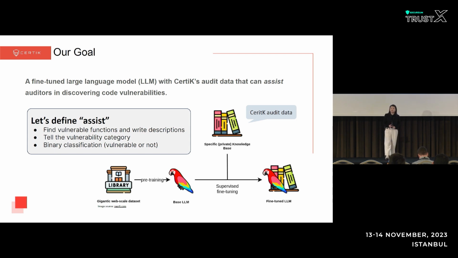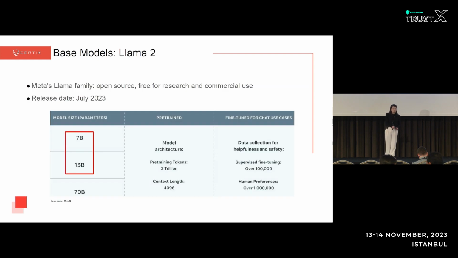Here, we have to decide which base model we are going to choose. We tried several base models, but we initiated with the Meta Llama family, just because it's open source, and free for research and commercial use.